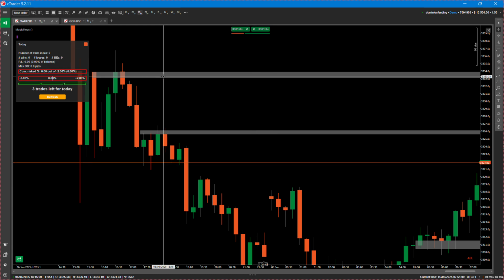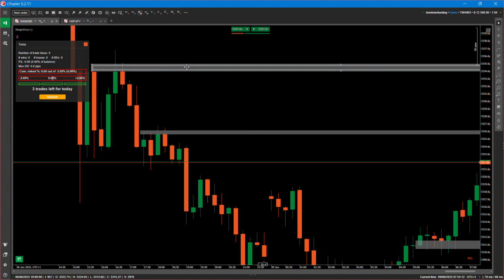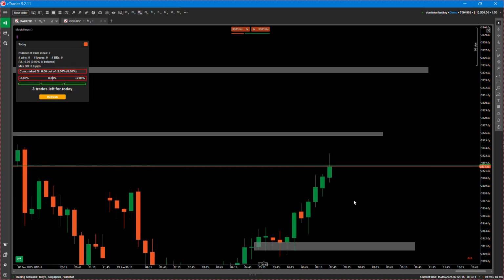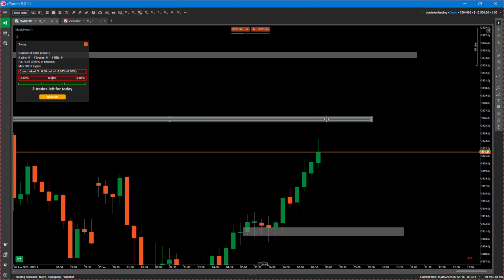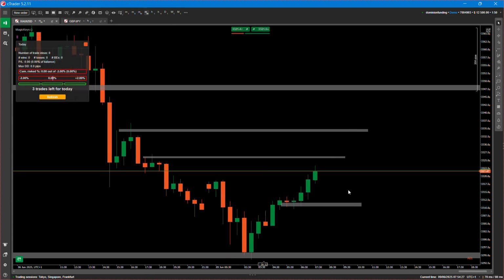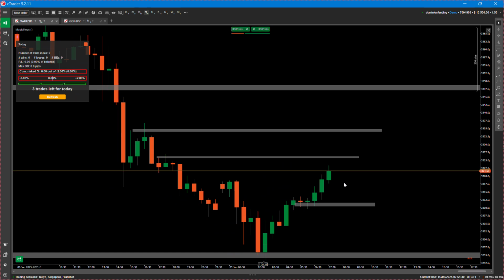At least if you are able to catch about 50 pips and then leave the market. Or we will look for a resistance to form, a support to form around this area to sell to the downside. That's basically what you are waiting for. Let's see how the market goes. We are not eager to enter a trade. We're just looking for a confirmation that would give us the best entry to buy or sell.